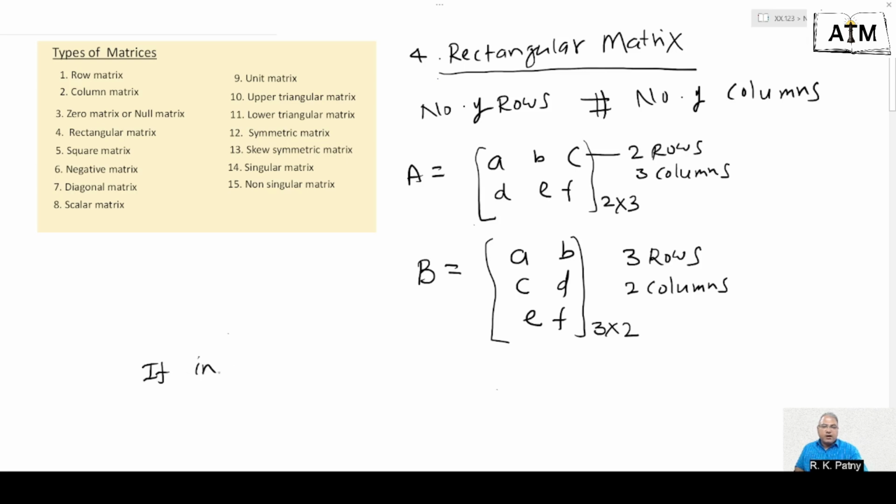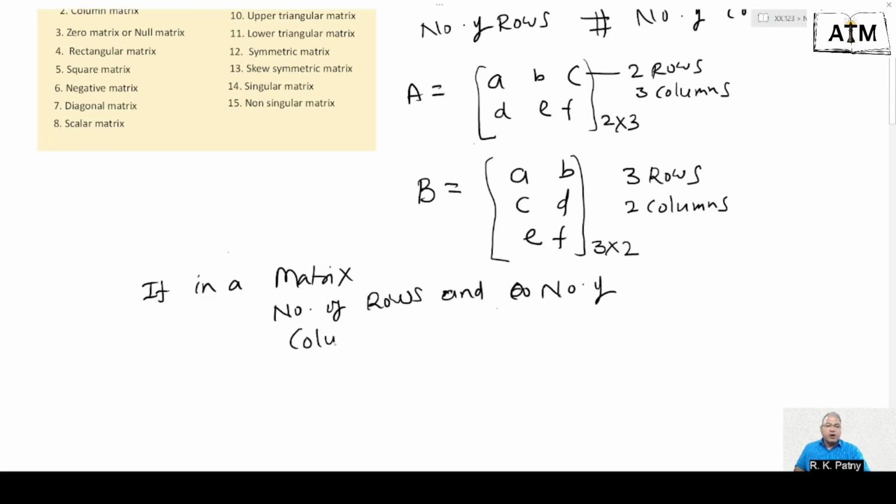If in a matrix the number of rows and the number of columns are different, then it is called a rectangular matrix.